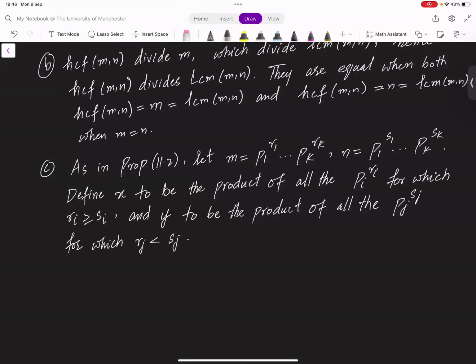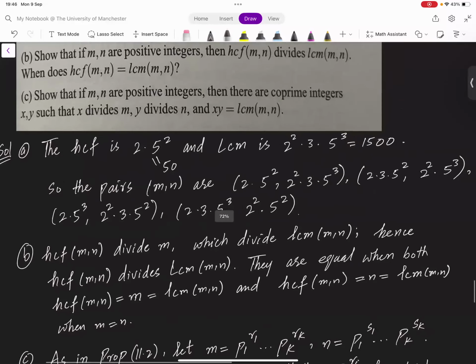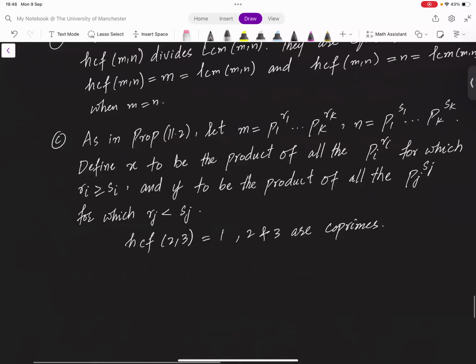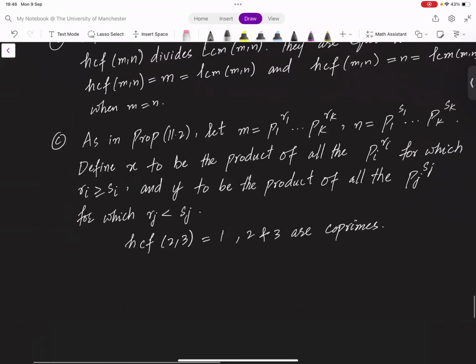And a simple example for this one could be that HCF of 2 comma 3 is 1. So 2 and 3 are co-primes. Then their product, LCM of 2, 3 is 6.